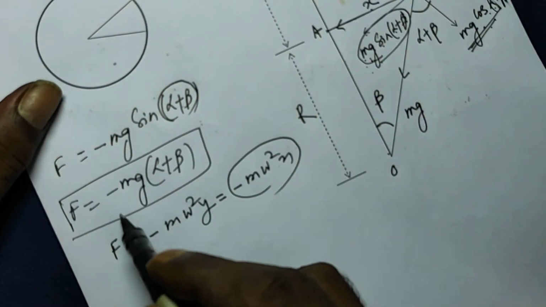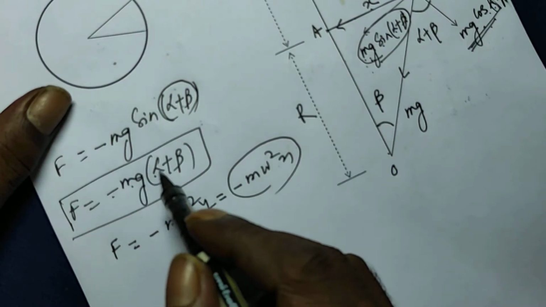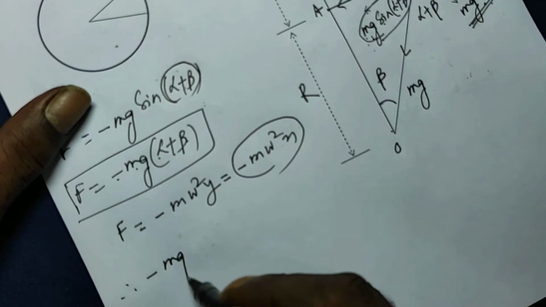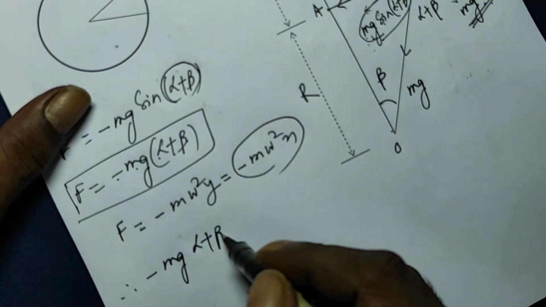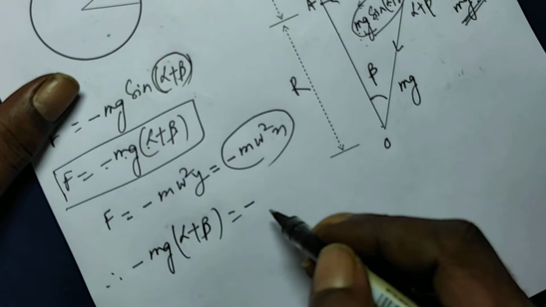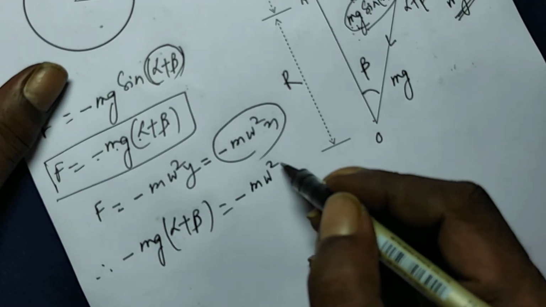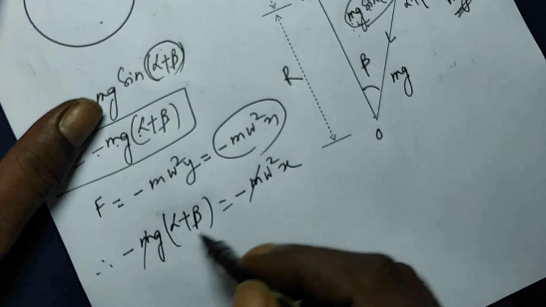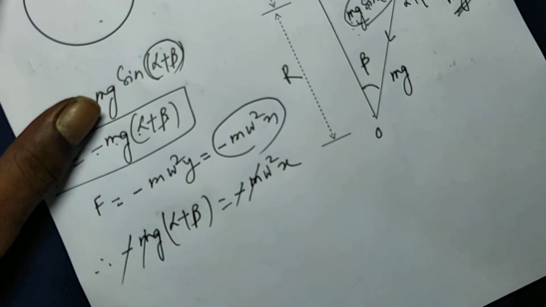So therefore, minus mg times (alpha plus beta) is equal to minus m omega square x. Now the minus cancels, and m cancels.